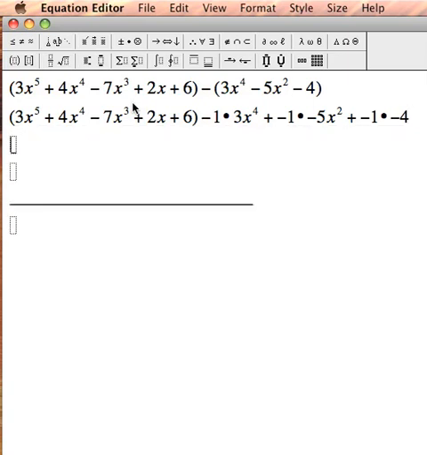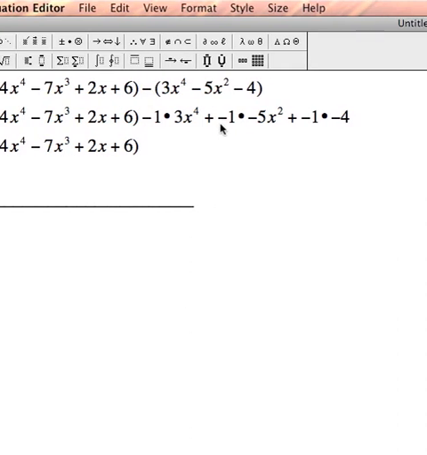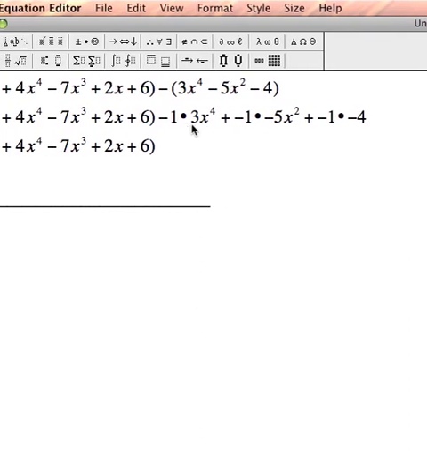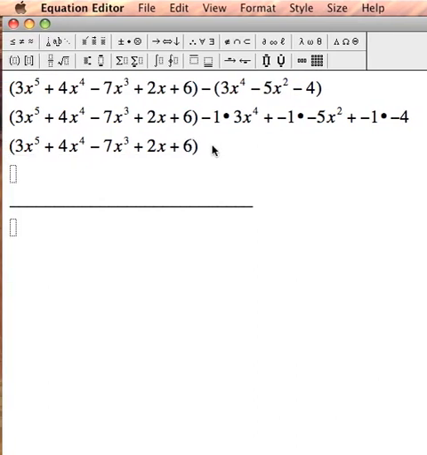So, what would happen after that? Well, the first thing that would happen is this would stay exactly the same. My first polynomial is not going to change at all. The only thing that's really going to change here is just the signs. Anything you multiply by 1 isn't going to change. But anything multiplied by -1, now you're going to have some negative signs.